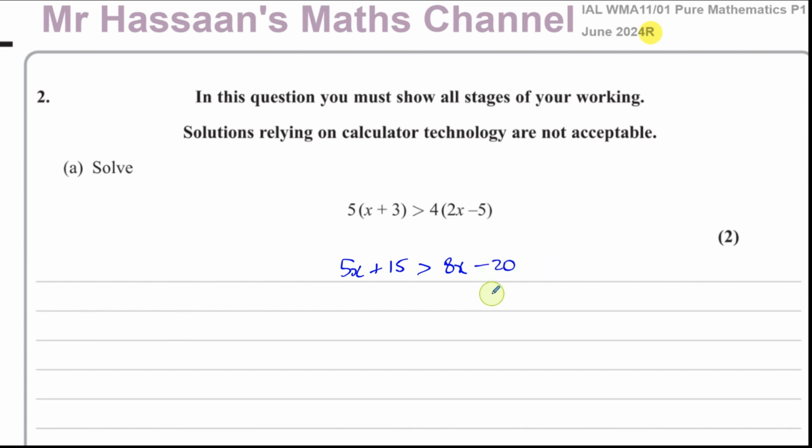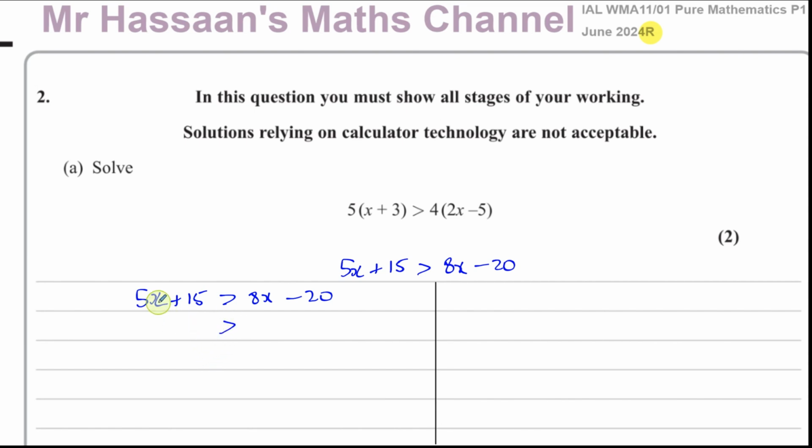Now, there are 2 ways to proceed, and I'm going to show you both. One is the way that I would normally go about it, but the other brings out some very important points that will help us understand inequalities better. The way I would normally do this is to keep the x's on the side where there are more x's.